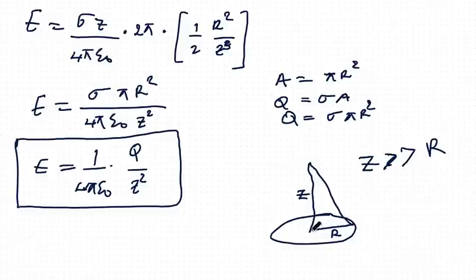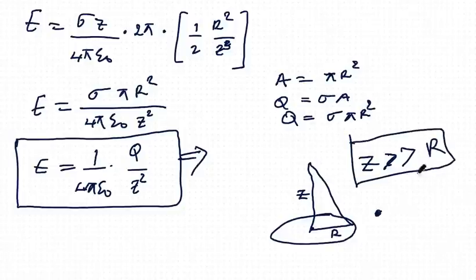It will get to a point where this whole thing looks like a point charge, and that's why we have the electric field of a point charge in the case where Z is much greater than R.